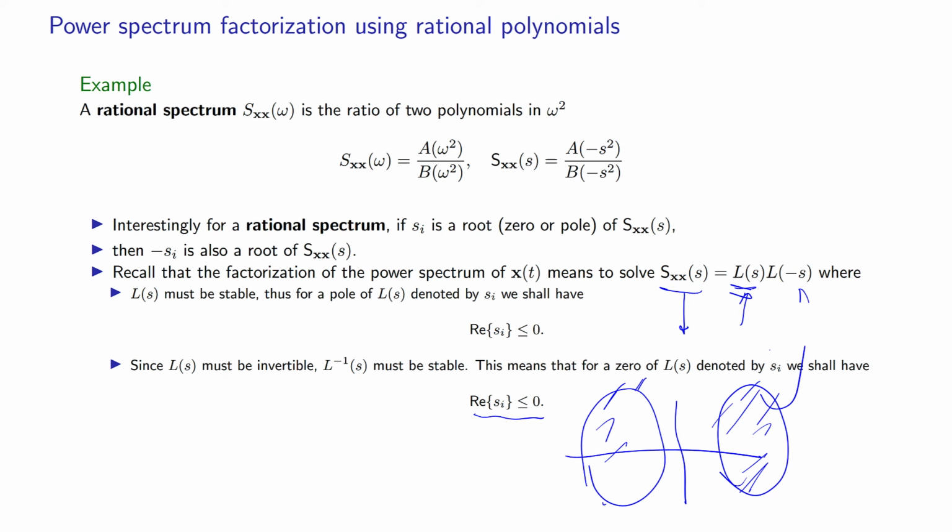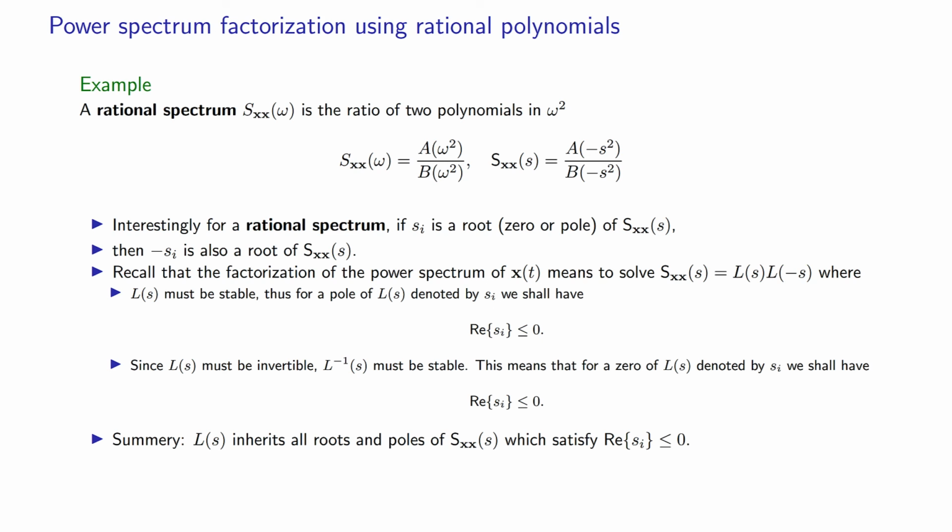So we solve A equals 0, we solve B equals 0, we get zeros of A and zeros of B, and then we allocate the poles and zeros which are on the left side to L of S, and the ones on the right side we allocate to L of minus S.